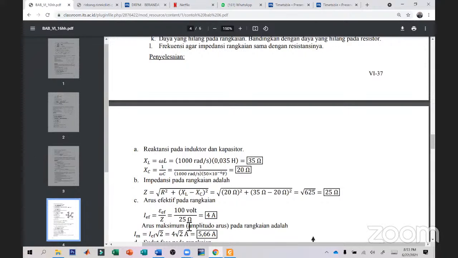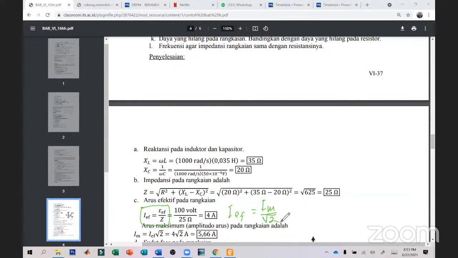I effective is V effective divided by Z. And we can also express I effective as I maximum over the square root of 2.